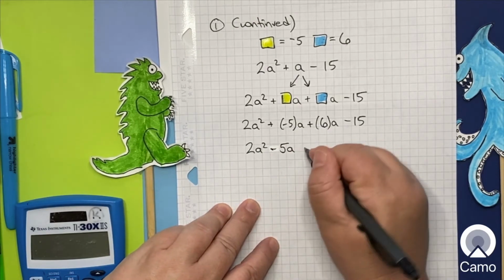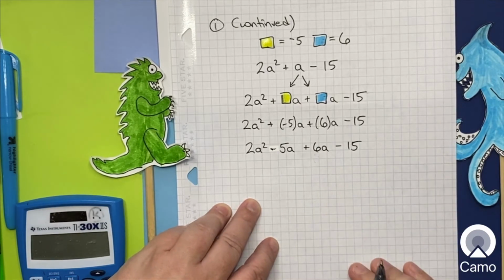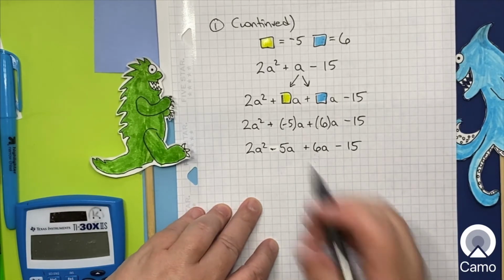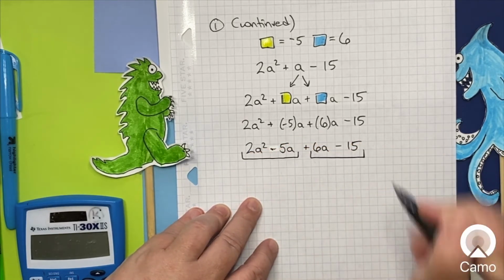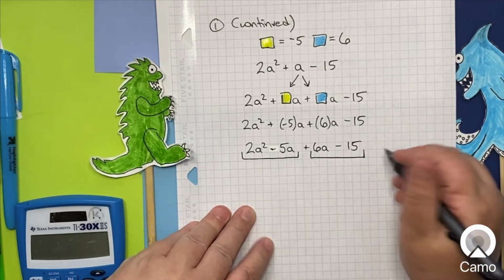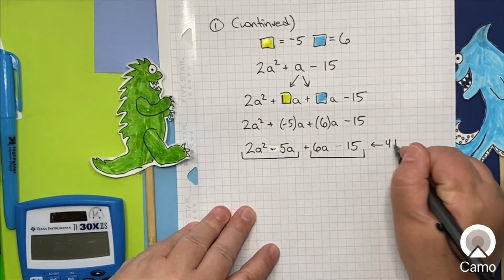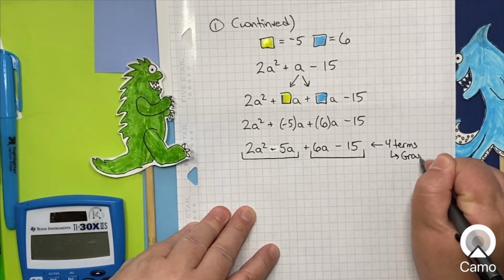Oh, beautiful. So I write this out, and then the next step is, if you remember, because this is multiple steps, once you've got it written like that, then you use grouping, because now you have 4 terms. So we use grouping to factor.